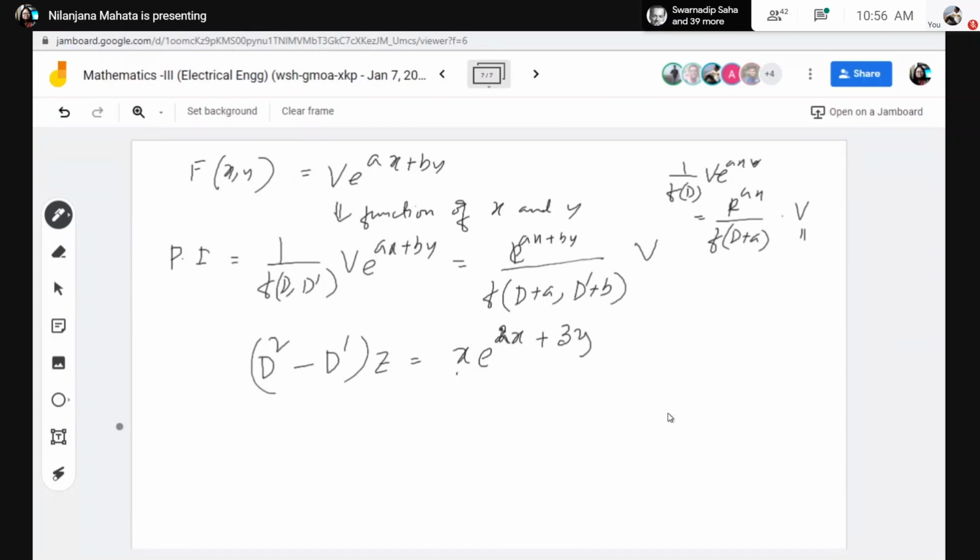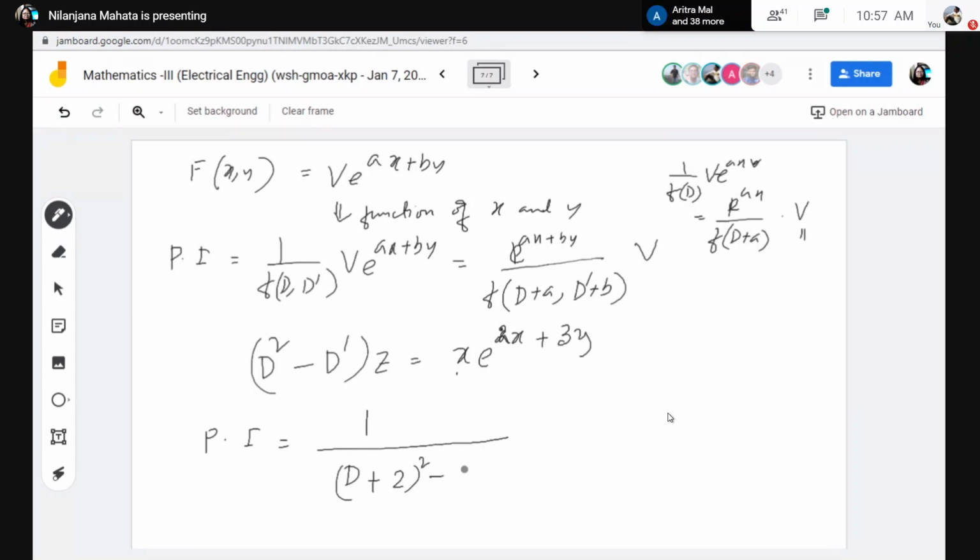So you know how to find out the CF, and for this we have taken the trial solution e to the power ax plus by. But I am not finding the CF, I am just finding the PI. What will be your PI? I will replace this D by D plus a, where a is 2, so D plus 2 square.